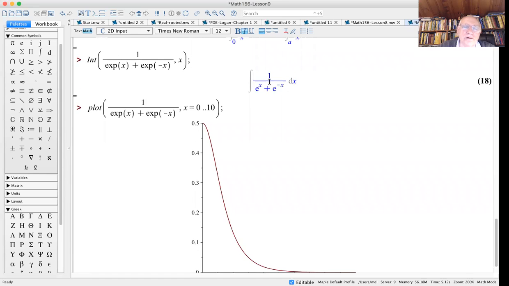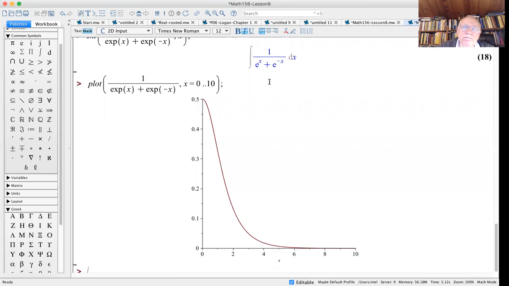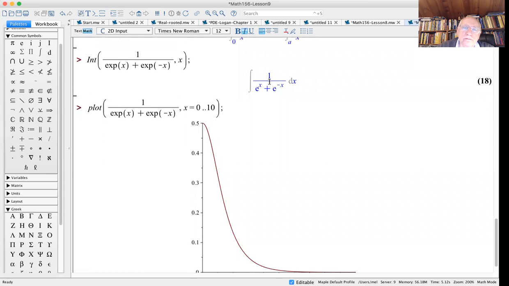So what does this integral look like? The integral is the arctangent of e to the x. So that says if you differentiate the arctangent of e to the x, this is what you get.